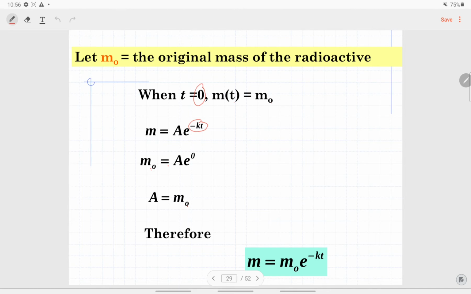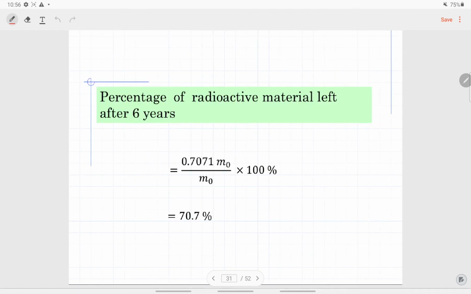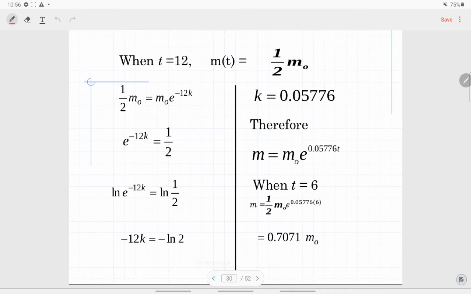Okay, now we have written the differential equation, and then we answer: if the mass of the substance remaining after 12 years is half of the original mass. So when t equals 12, M(t) equals 1 over 2 of the original mass.